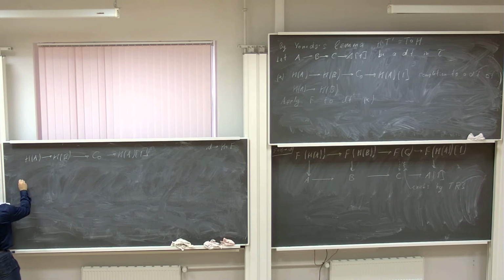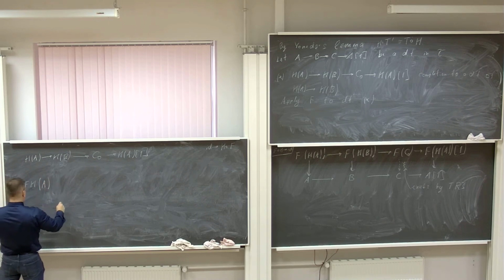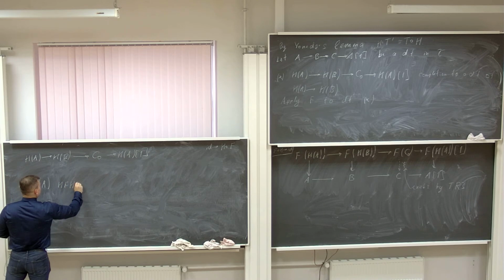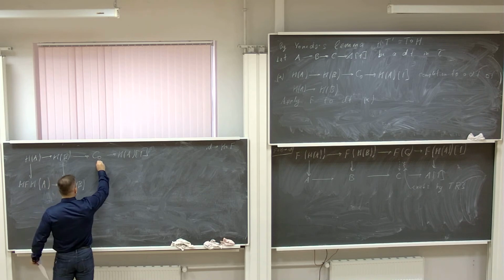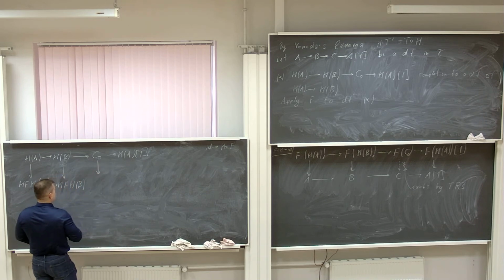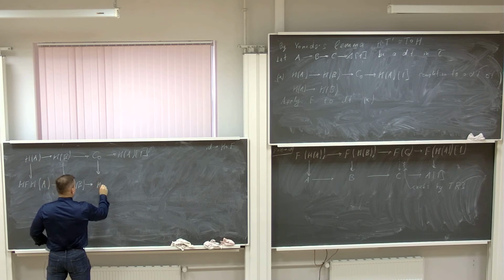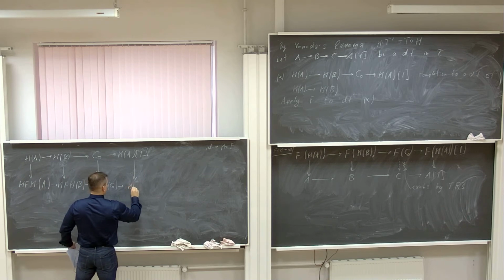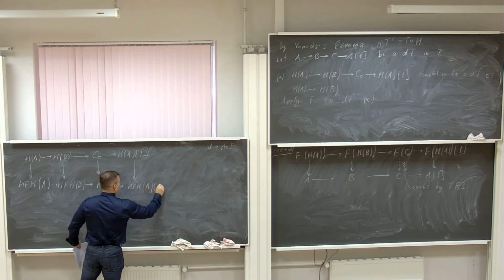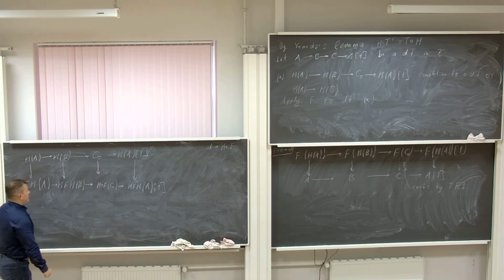This will be the map to the h, f, h applied to A. Now I have h, f, h applied to B. So there is a map like this, the vertical maps. And finally there is a map from C0 to the h composed with f of C0. This is from the unit of the adjunction.